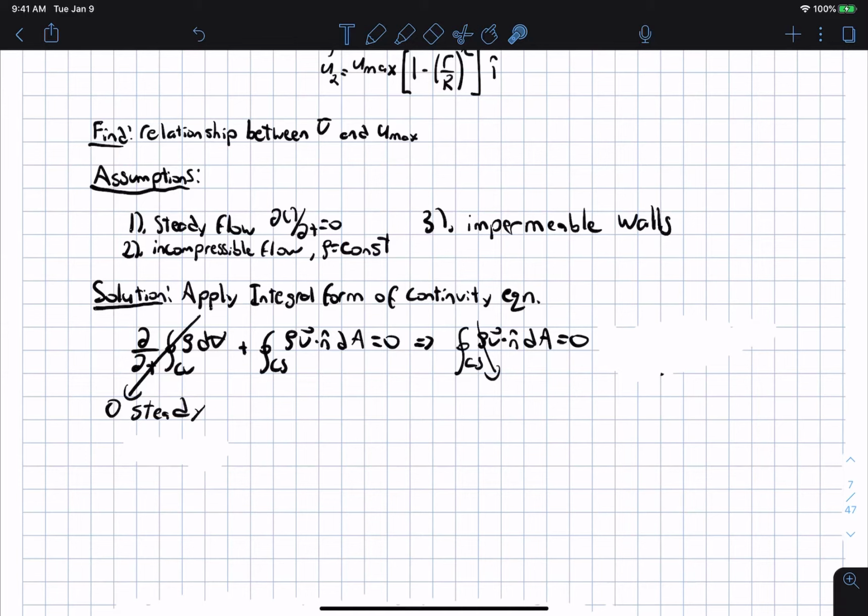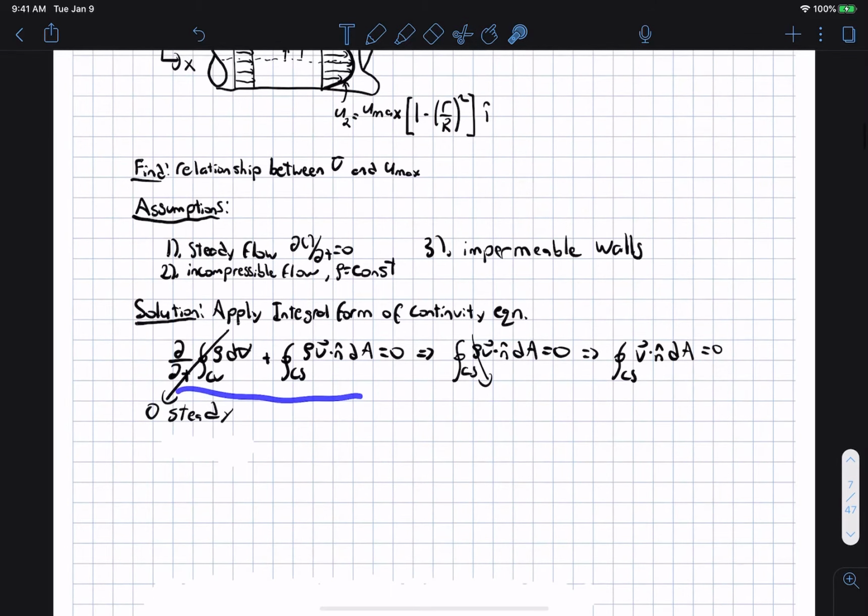So that does not contribute. So this implies that the surface integral of v dot n hat dA is equal to 0, or the net volumetric flow rate if we go around the entire control surface is equal to 0. Okay. Again, I expect you to start from here every single time.